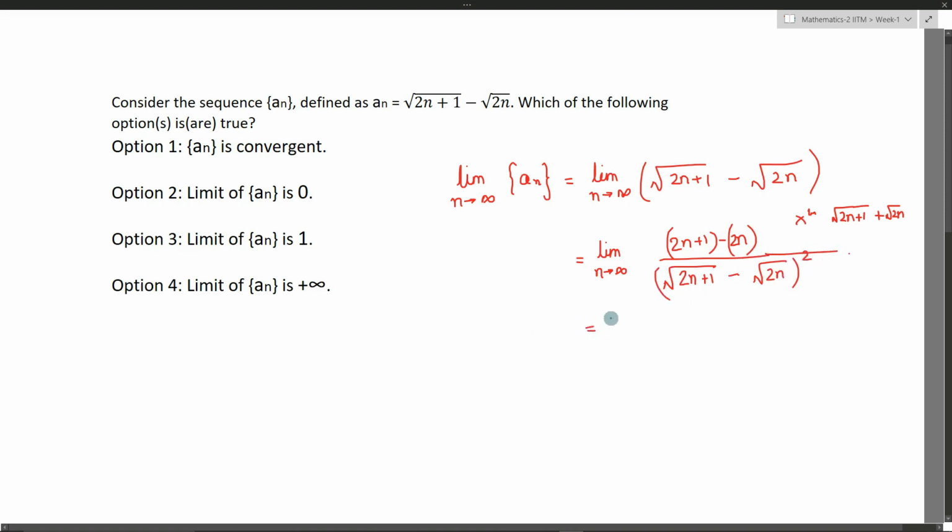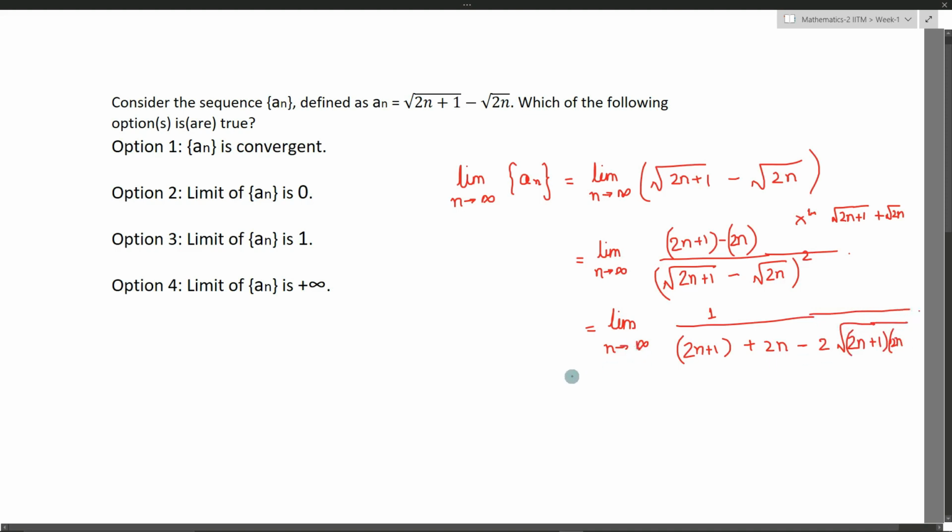So I'll have limit n tends to infinity, 2n will be cancelled. I'll have 1 divided by square root of 2n plus 1 plus square root of 2n.